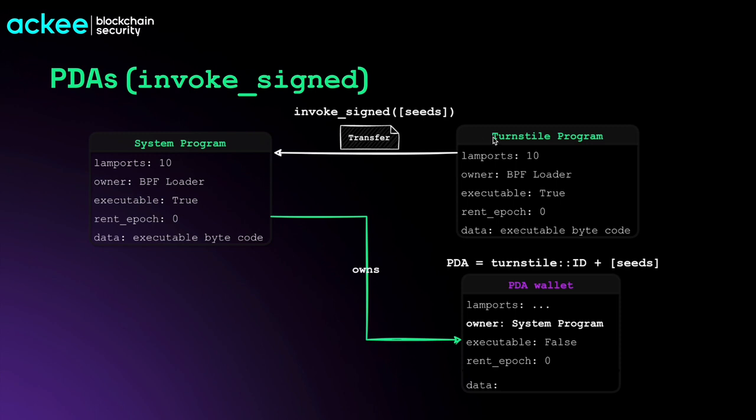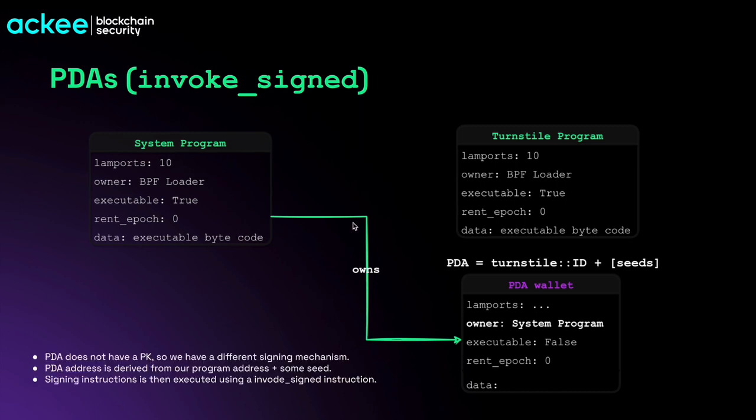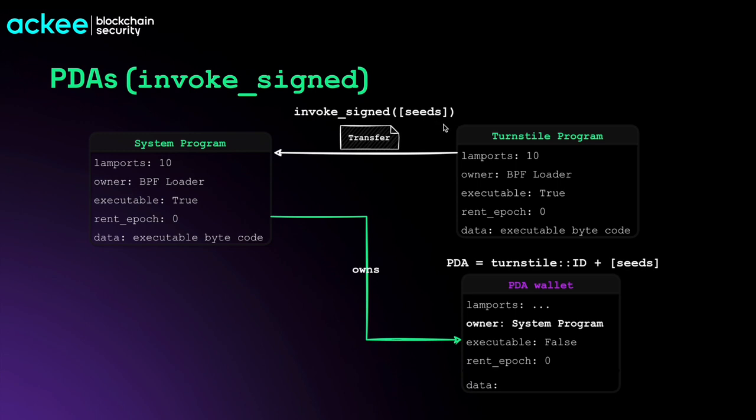So that means our program is calling the invoke sign function to the System Program, and we supply the seeds of the PDA account or the PDA wallet that we want to subtract from. So in our case, we'll call invoke sign to the System Program. The System Program can verify from the actual PDA address whether the program owns that particular PDA wallet and execute that transaction on behalf of our program.